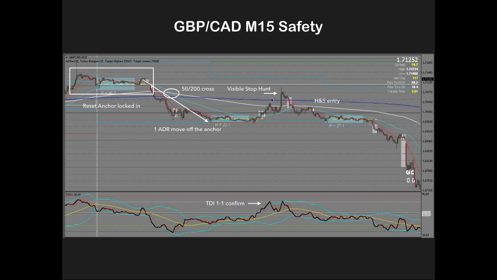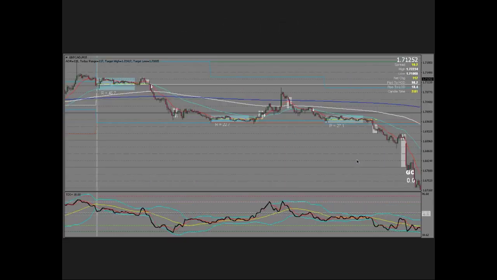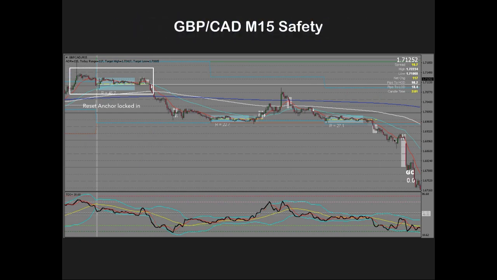It's got a nice head and shoulders pattern to take that short. Now this one you would have had to hold into the next session, but if you did, boy, you got paid off. Let me just look at that again. That was a 300 pip move, from here down to there, a nice big 300 pip move.